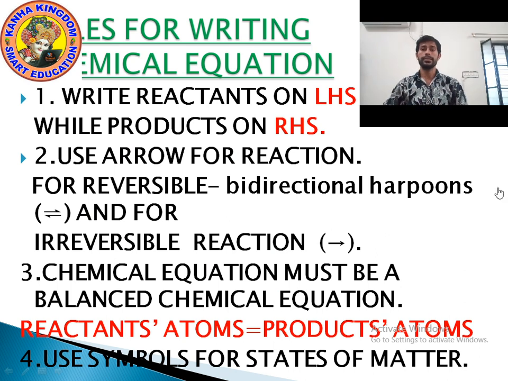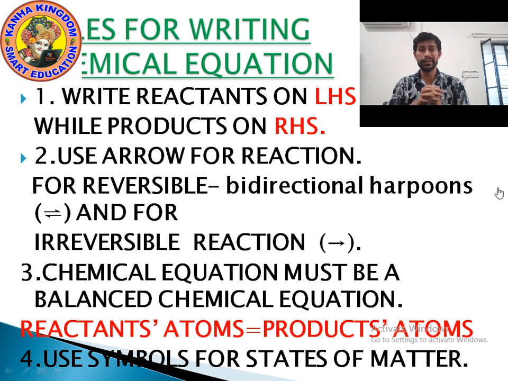Okay, now the question is how to write any chemical equation. There are certain rules to write the chemical equation. Rule number 1, reactants. Write reactants on LHS and products on RHS. It means reactants should be written on the left hand side and products on the right hand side.